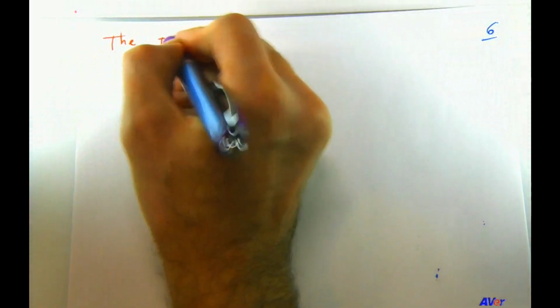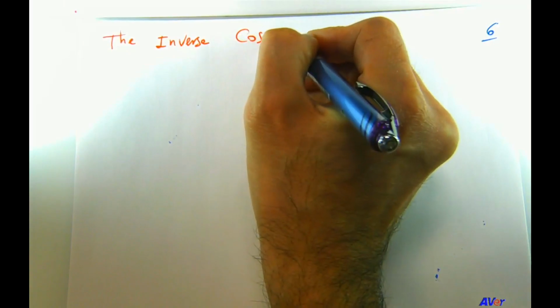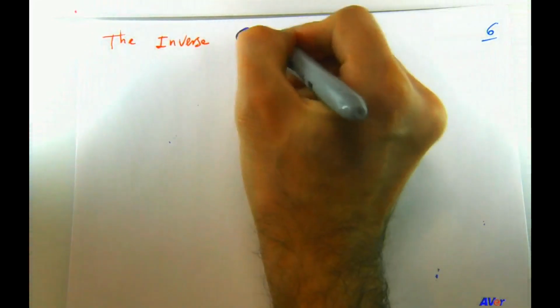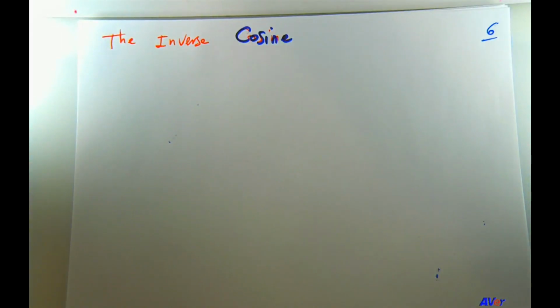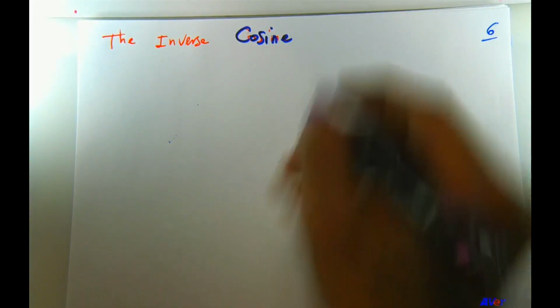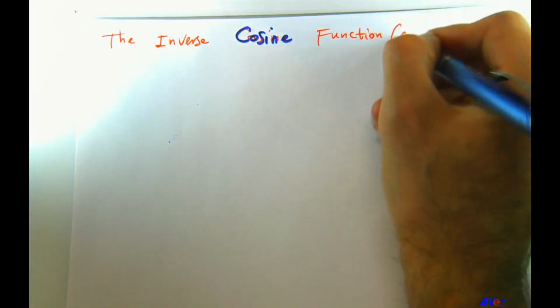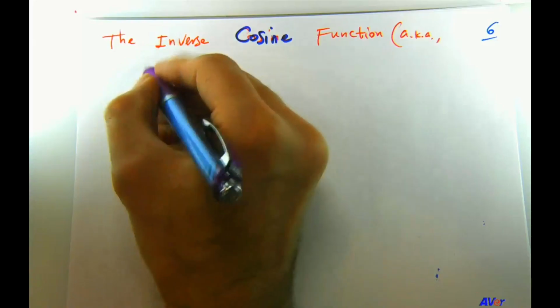Let's look at the inverse of cosine function. AKA, these are different names for the same thing.